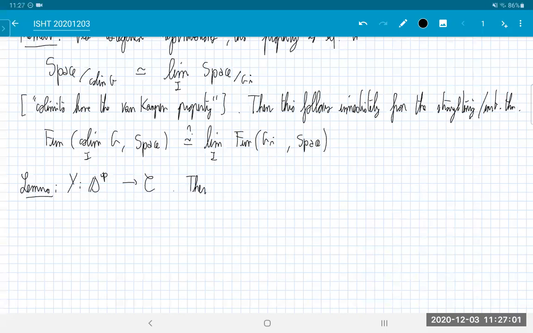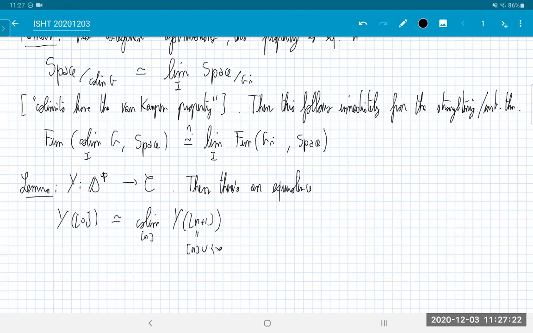Then there's an equivalence between y0 and the colimit over n of y_{n+1}, where I write n+1 for n with a point added at the end. This is a variant of the so-called extra degeneracy argument.